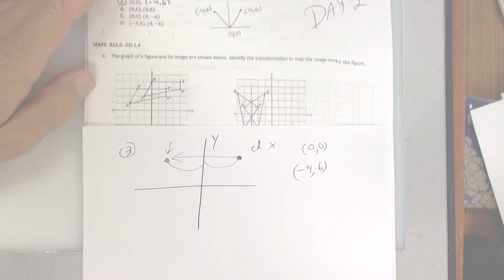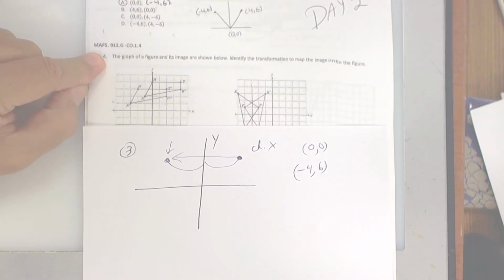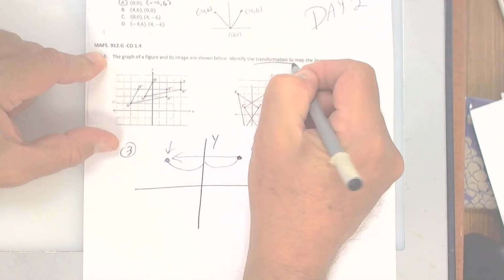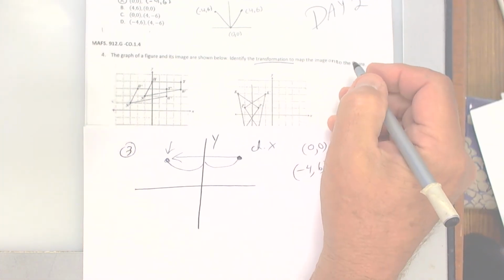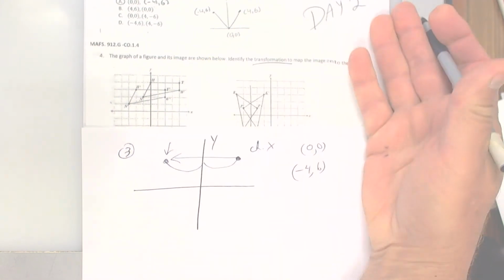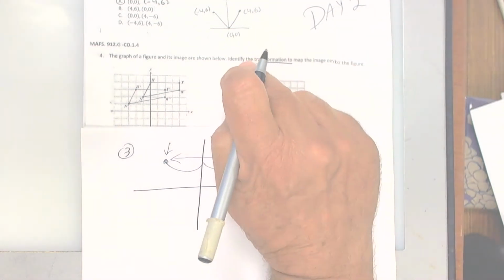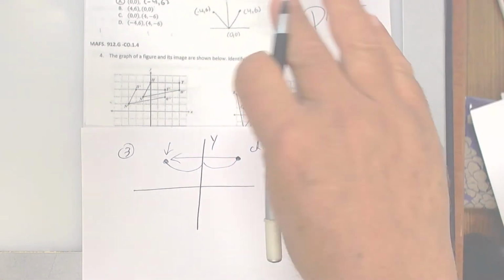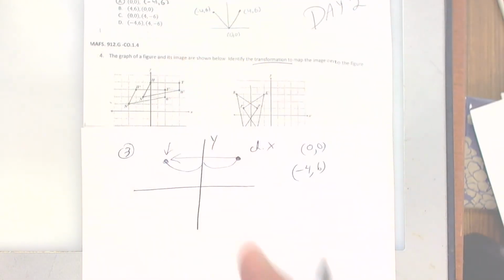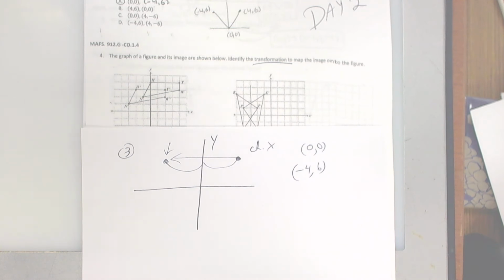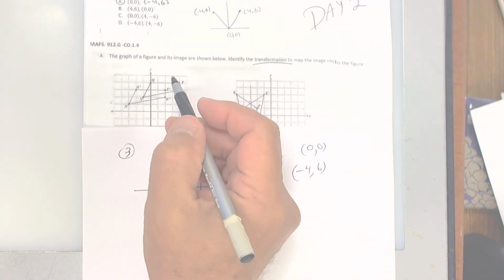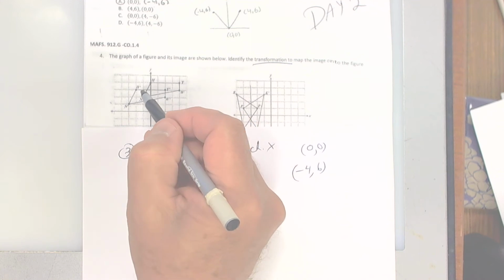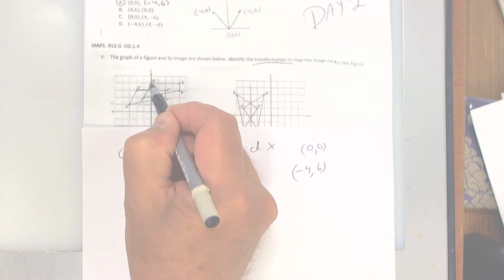Let's take a look here. It says, identify the transformation. Remember, a transformation is a flip, which is a reflection, it's a slide, okay, or it's a rotation. Well, look here. If you slide this point over, and it looks like it's going to go over 2 and then up 1.